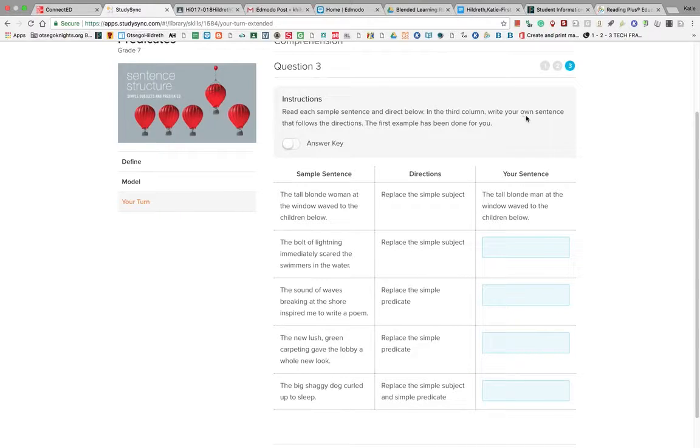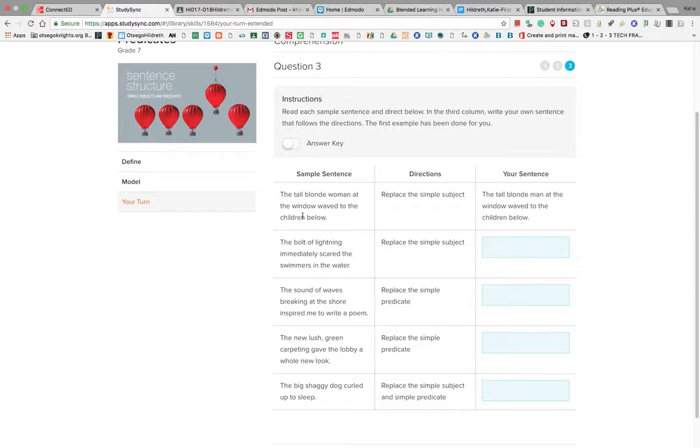In the 3rd column, write your own sentence that follows the direction. The first example has been done for you. So you have a sample sentence. You have directions, whether to replace the simple subject, replace the simple predicate, or replace the simple subject and predicate at the bottom. So you're replacing both. Okay? It gives you the directions. Then in this last column, this is where you're going to type in your sentence.